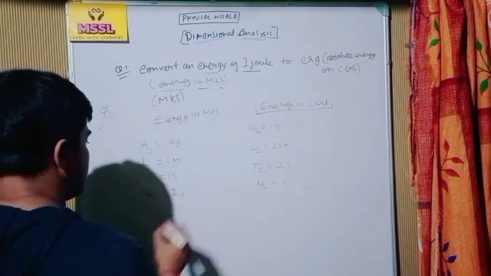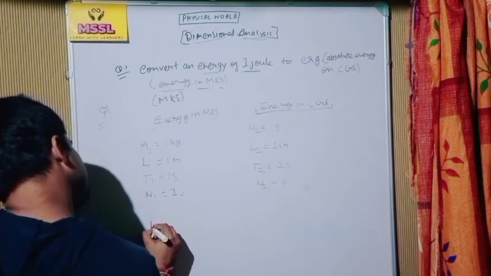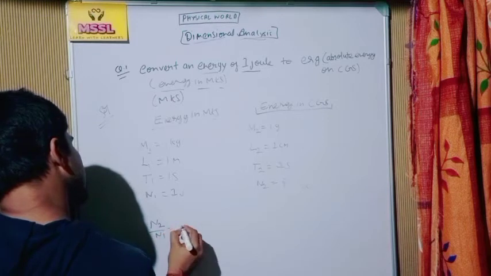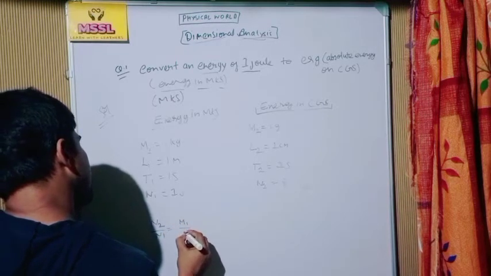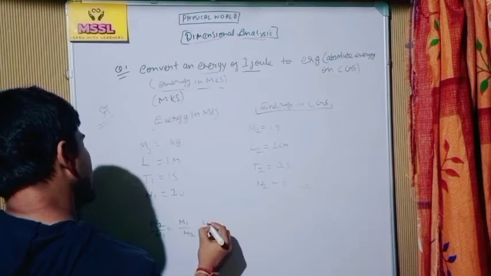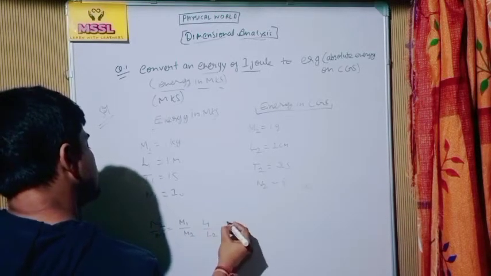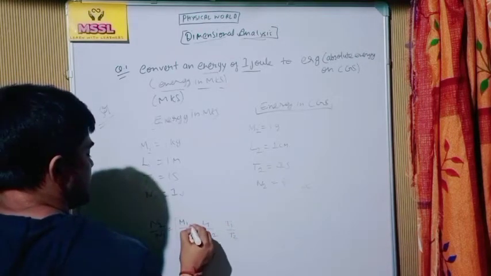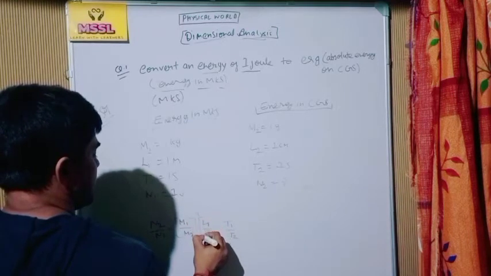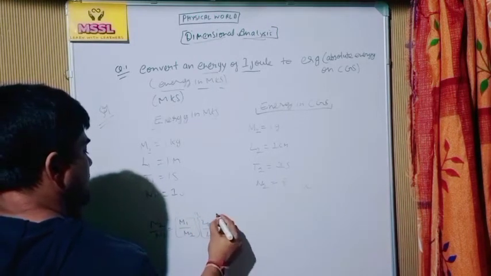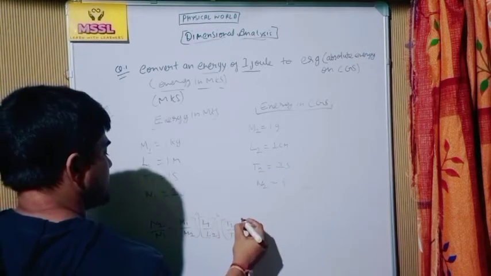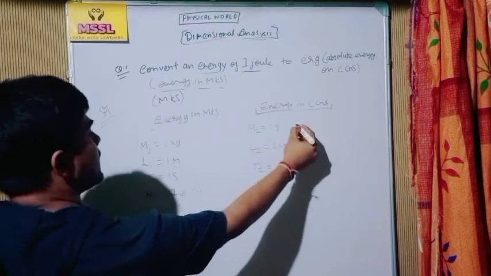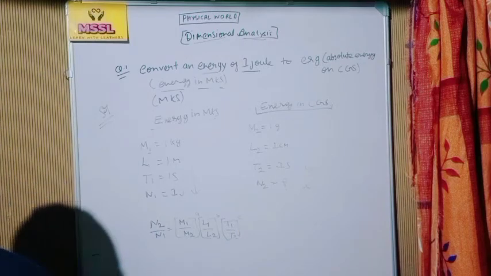There's a formula for this: N2 by N1 equals (M1 by M2) to the power A, (L1 by L2) to the power B, (T1 by T2) to the power C. The A, B, C are given. So we'll substitute the values.